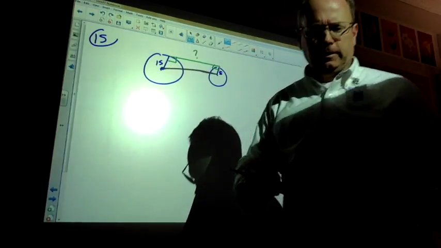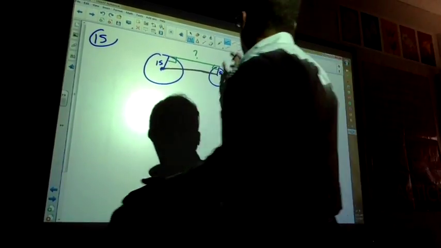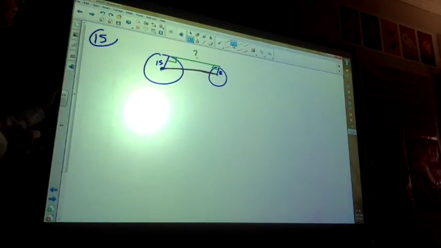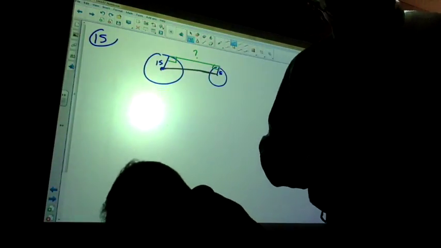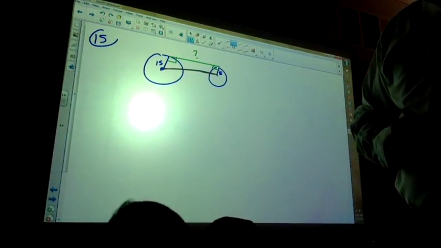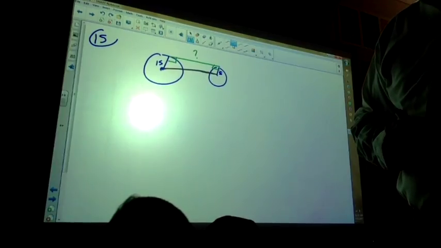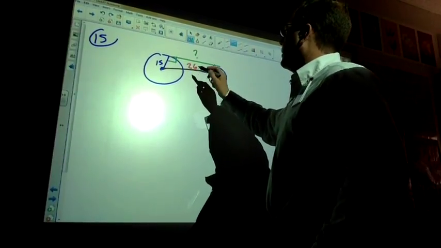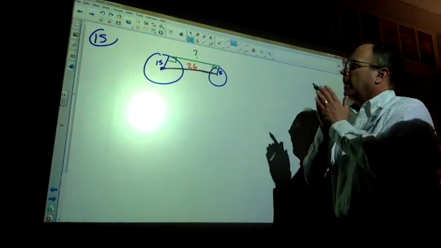Right? Okay. So, is that all we know? We don't know more about that. The distance from the center to the center is 26. Oh okay, so they tell us that this is 26 right here. So we're trying to find that segment right there.